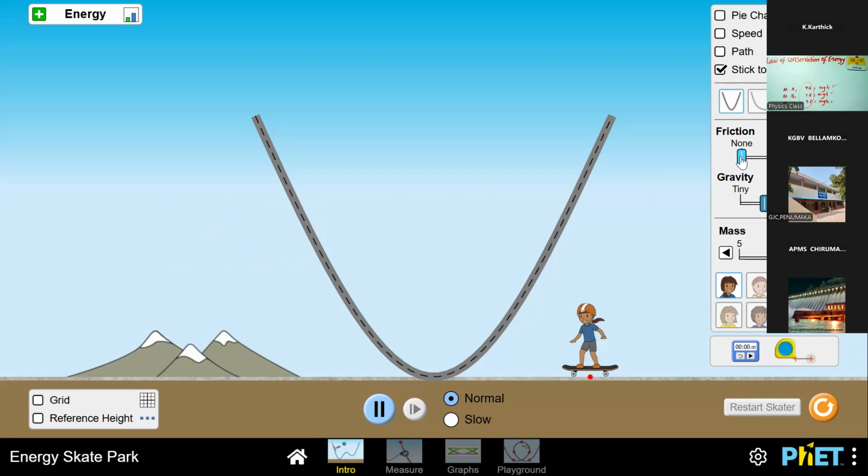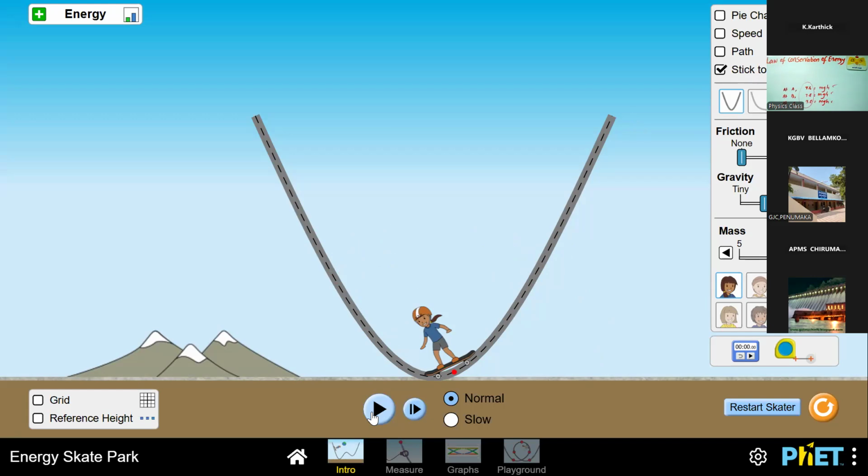The total mechanical energy of the skater at any one point on the skating track is equal to the total mechanical energy at any other point on the track. So here or here or here, whatever position, total mechanical energy is always conserved.